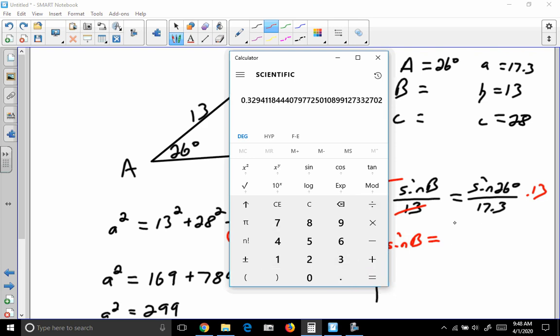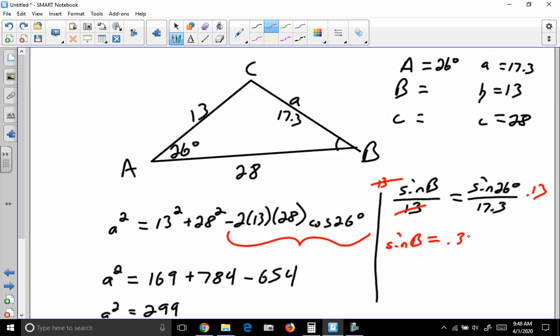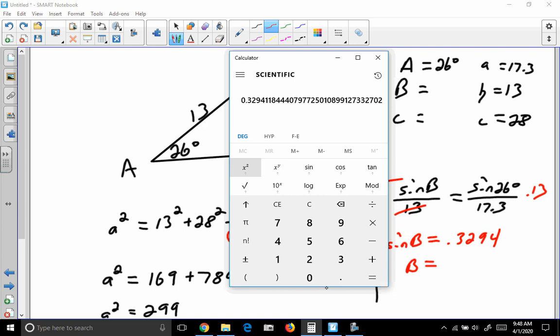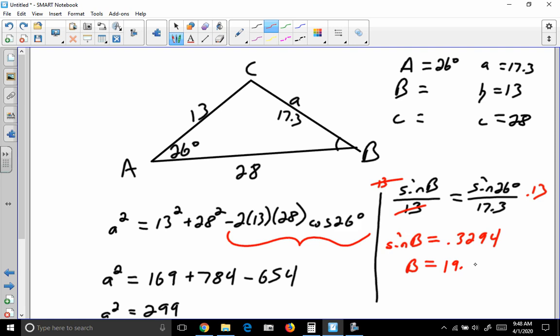So 0.3294. Again, technically sine is positive in the first and second quadrants, but we know we only want the first quadrant answer here. So when we do inverse sine, we get 19.2 degrees. That's angle B.